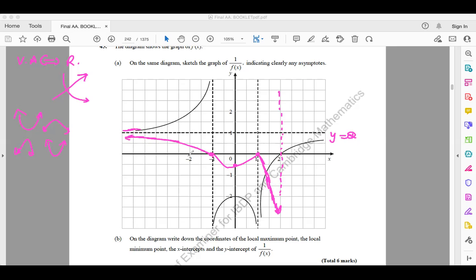So the function is approaching the horizontal asymptote from the top, and the reciprocal will approach the reciprocal of the horizontal asymptote from the bottom. And this side, as you can see here, it is a vertical asymptote. It should be coming from infinity. And this side, it will come like this. So this is how you do the reciprocal function for this particular question.